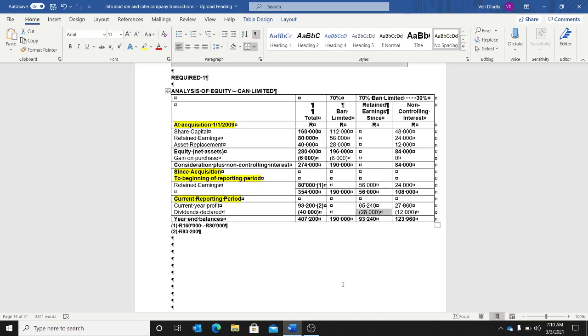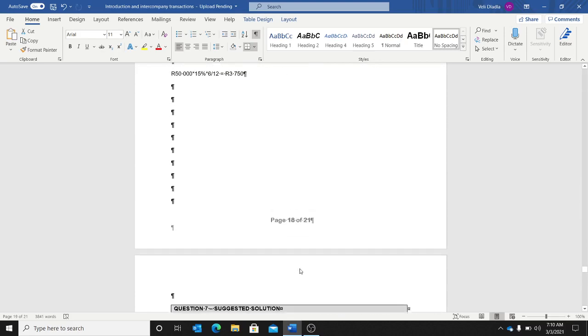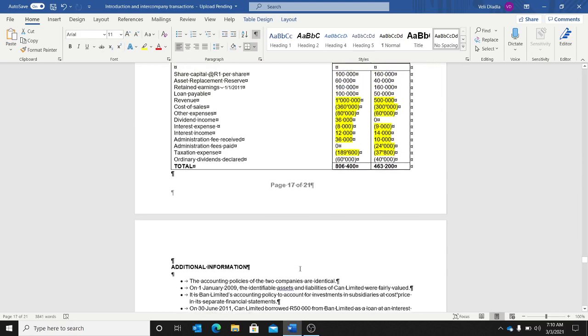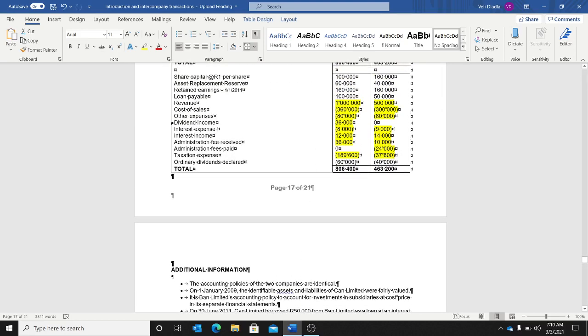Okay, so the 28,000 is intercompany, meaning if I go to Ben and I'm dealing with this dividend income of 36, in that 36,000, there's a 28,000 that comes from Ken, the subsidiary. In that 36, there's a 28.